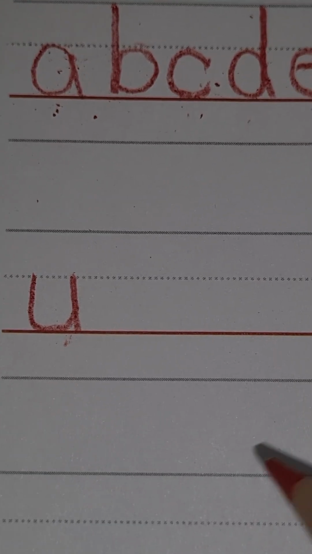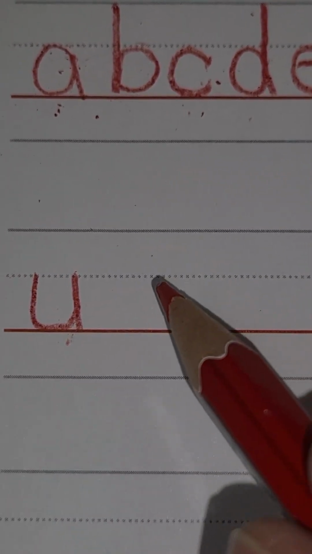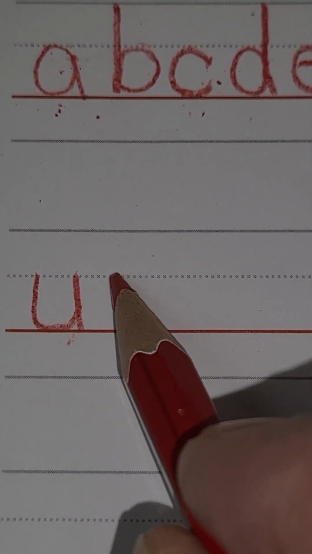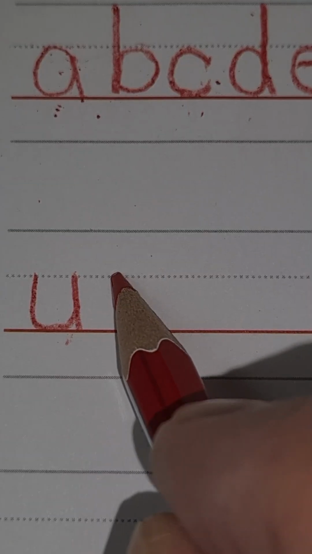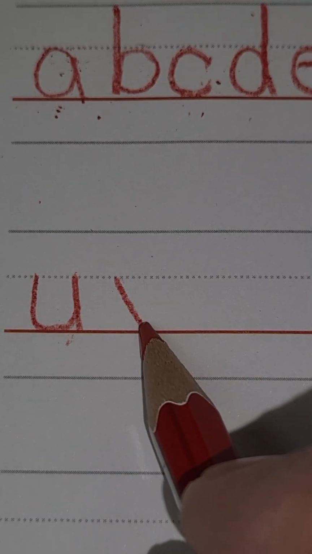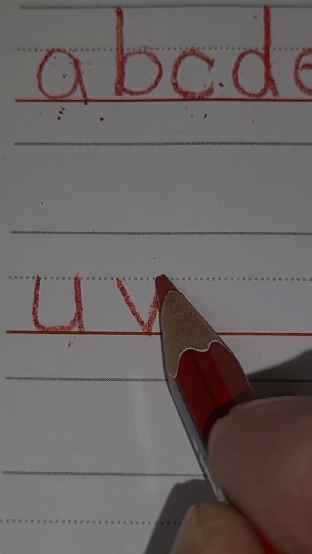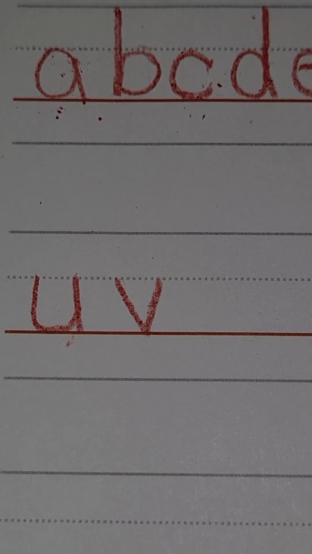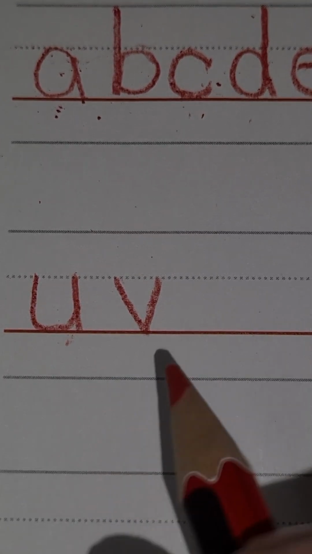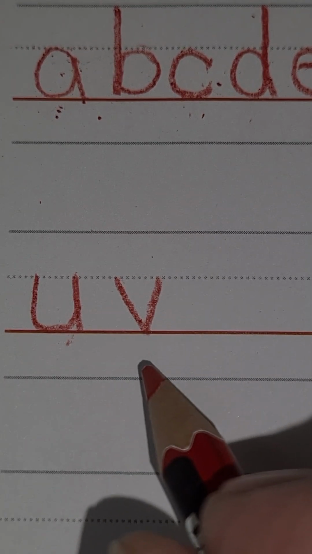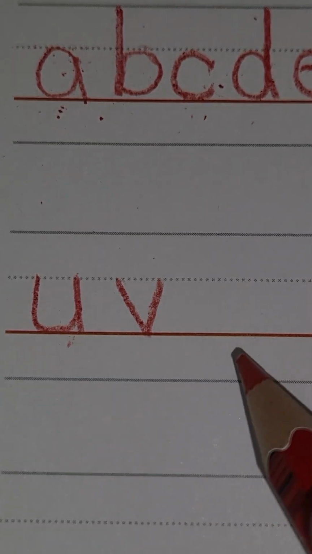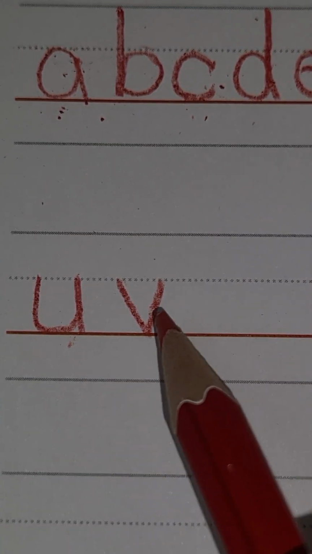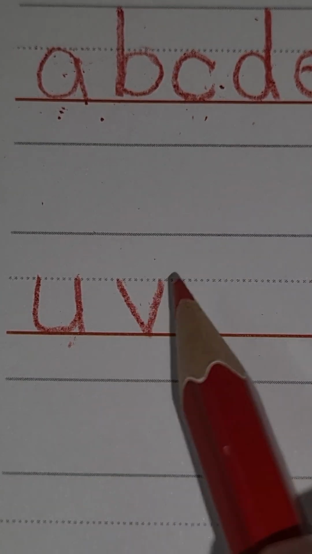Okay. Next, we have the letter V. Okay, start dotted line, dot, dot, dot. Back up, just like that. Okay, again, we're going to have letter W. It's going to be two of these, two.